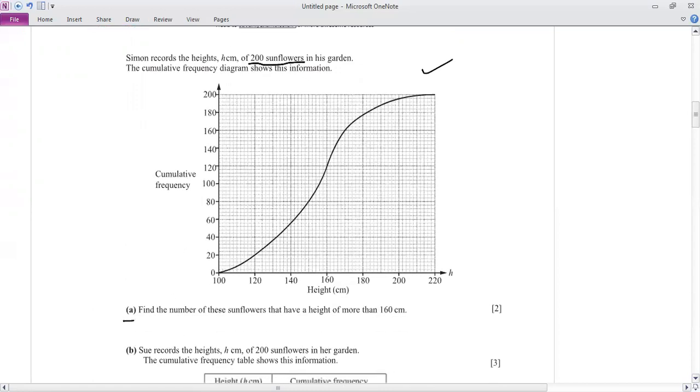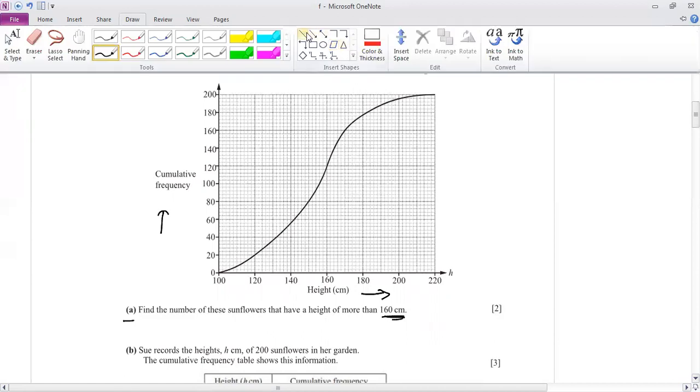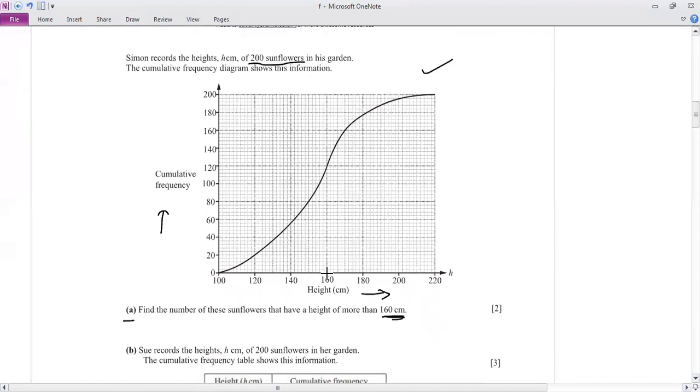The question says find the number of these sunflowers that have a height more than 160. On this side is height and this side is cumulative frequency. So what you will do: from the height, where is height 160?